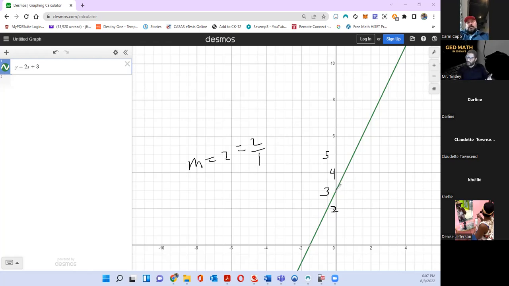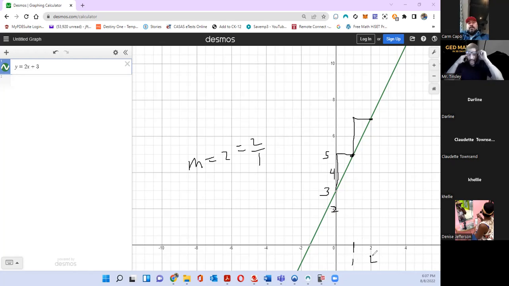So if I'm at 3, I need to go up 2. 1, 2, 5 over 1. So I'm on my line. Even though I'm going over 1, the scale here is 1, this is 2. So you also have to look at the scale.